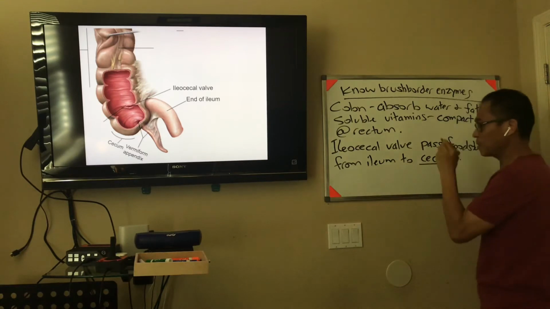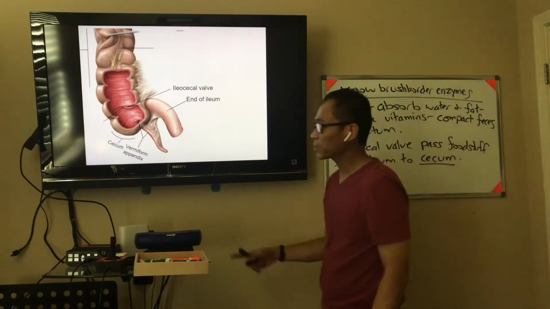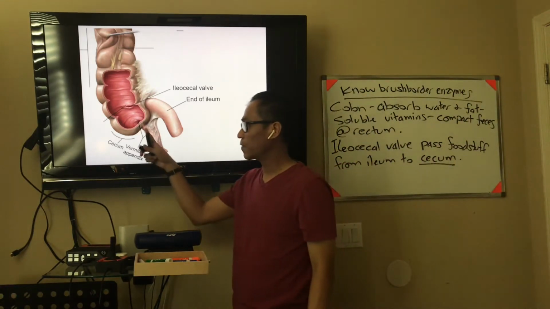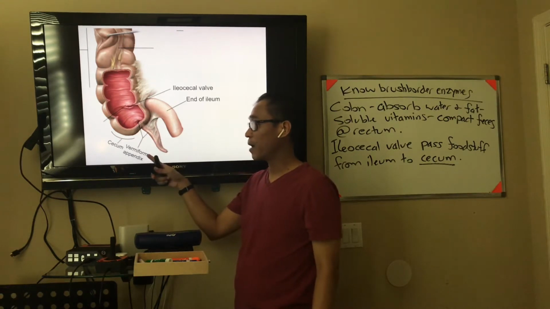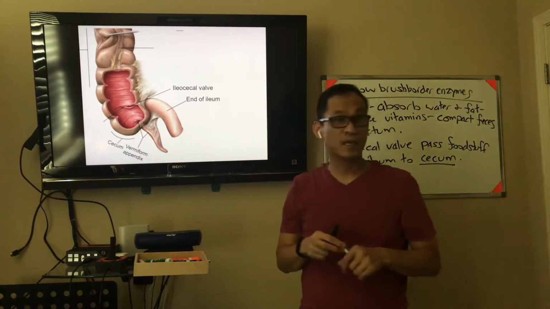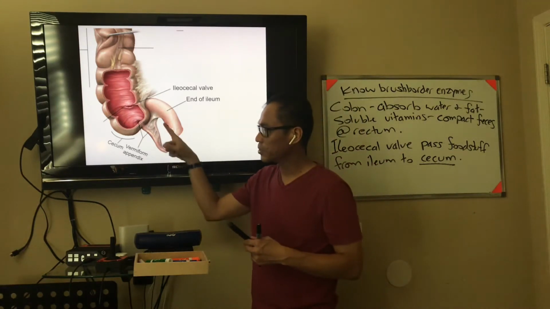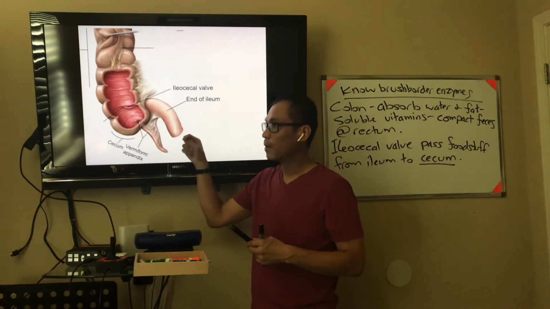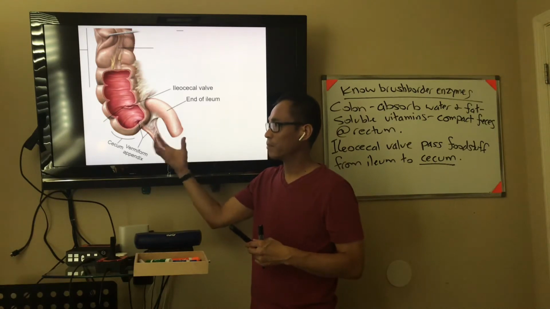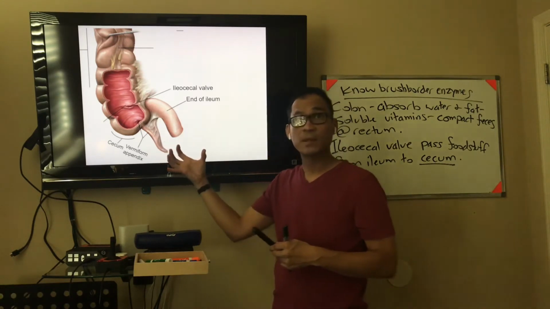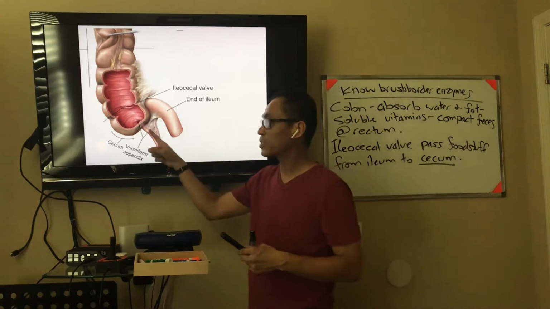So know the cecum, know the vermiform appendix, which hangs off the little edge right there. That's the thing that can be clinically significant. If you have fecal matter that clogs this area, it can strangulate the blood flow and it can become really inflamed. If this gets clogged with fecal matter, that's when you have to remove it.